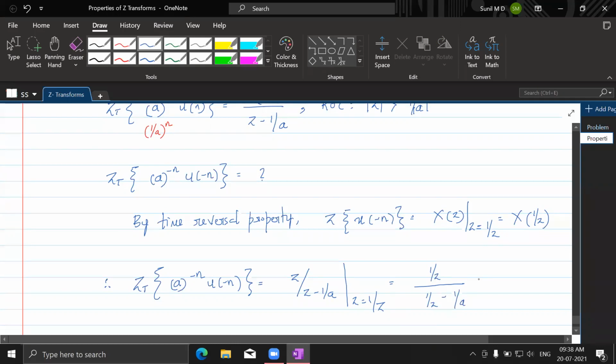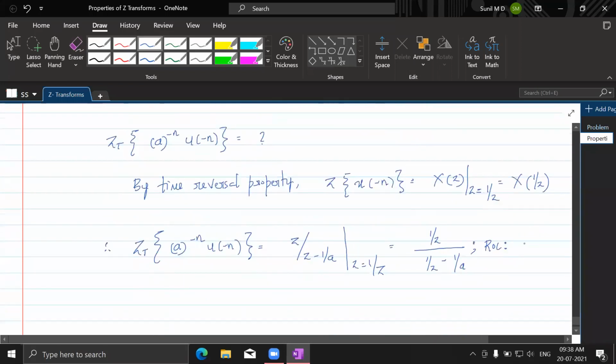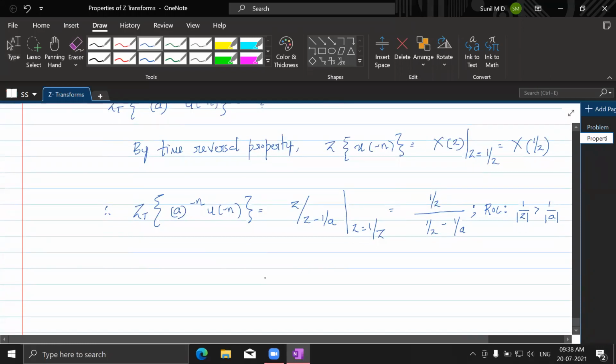So what would happen to the ROC? Earlier the ROC was Z greater than 1 by A. So it would be 1 by z greater than 1 by A now. Is it okay with you, everybody? So you can just bring it to the proper form. So therefore, this is equal to, let this be 1 by z.